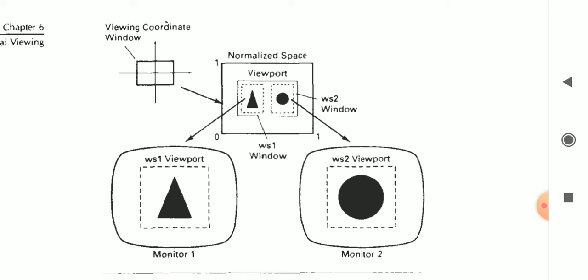If the output is available in a normalized range, it can be projected onto any different screen. You can see the window WS showing the output in a normalized space. Because the output comes in a normalized manner, the same output can be projected to any viewport window and there will be no change in the scale as well as in the ratio.